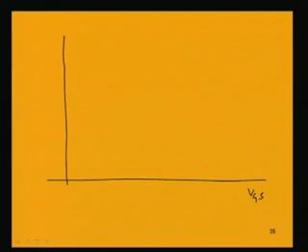This is VGS, this is ID in milliampere, volt. Of course, you have to draw to scale. Let us mark those points. Let us draw the scale: 1, 2 like this, because it will not go beyond this.